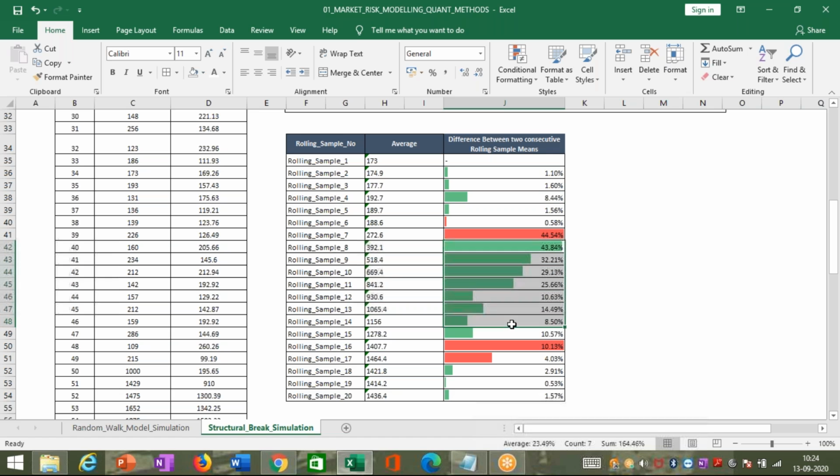In between is the period which has a mix of a structural break and not, right? Now, this is the period which makes the entire mean series non-stationary. So if you look into the overall data, you will see your mean has shifted from 173 to 1436 if you look into the whole series, right?